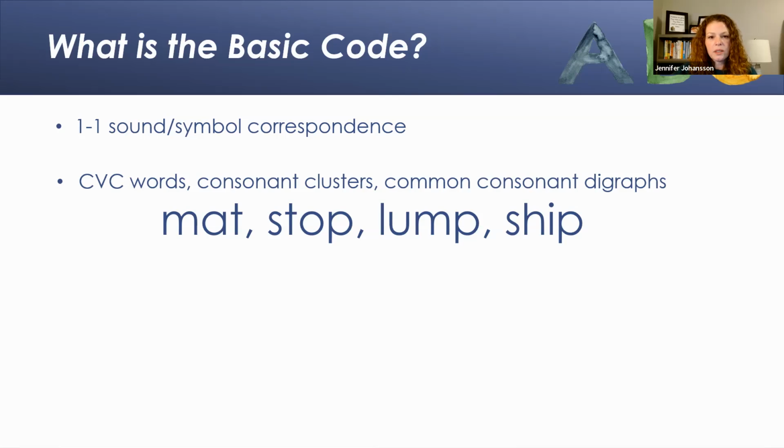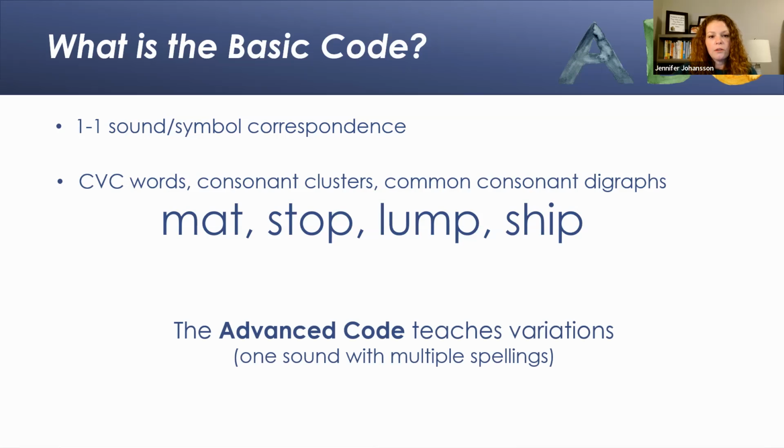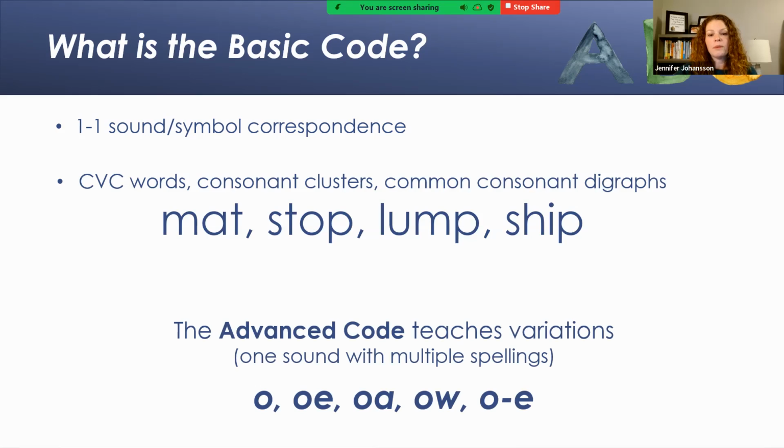Now I want to distinguish the basic code from the advanced code, because we are not going to be talking about the advanced code today. What I mean by the advanced code is where we're teaching variations. So one example would be in the advanced code, we would teach the O sound with all of the most common ways to spell O. Now, this really is kind of a different animal than what I'm going to be showing you today.